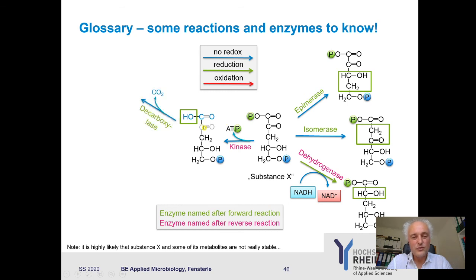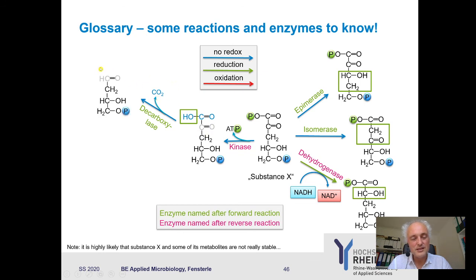Now, if we go further, we have a decarboxylase. You remember in this case, if we just allow the CO2 to leave, then this electron pair comes to the carbon here. So in this case, you would expect, like in the case of pyruvate, to have an aldehyde group remaining there. And exactly that's what we have.